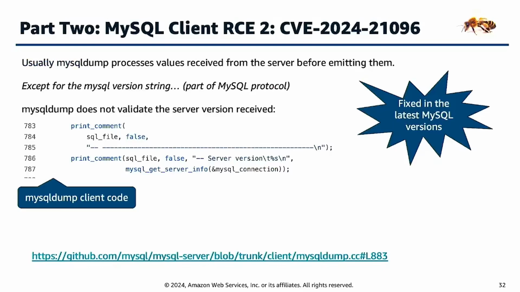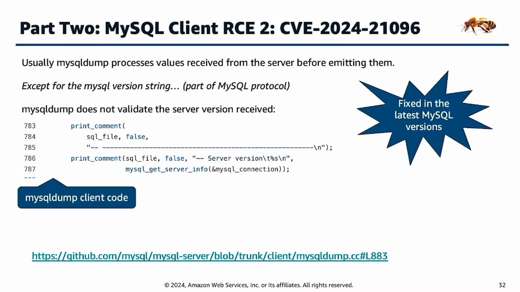MySQL actually does a good job escaping those. You basically expect a string from the server, and if it's a string, you enclose it in something. But then there's one exception.